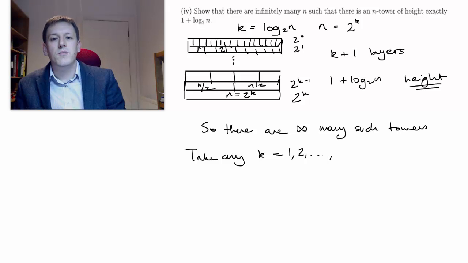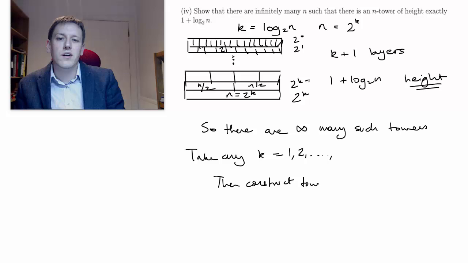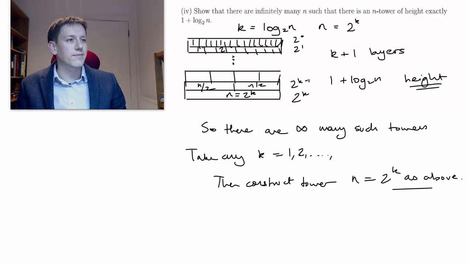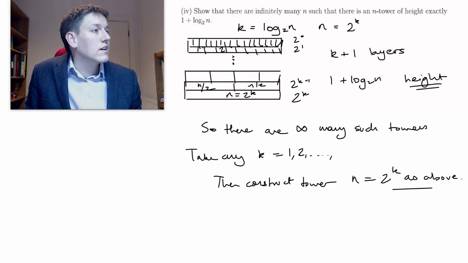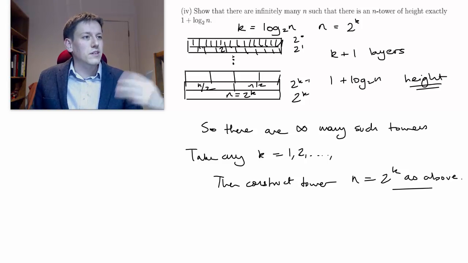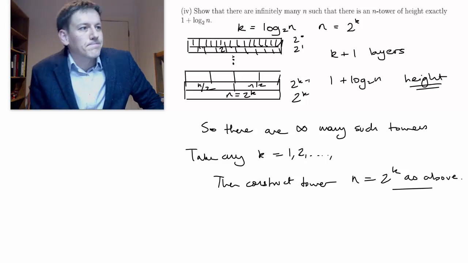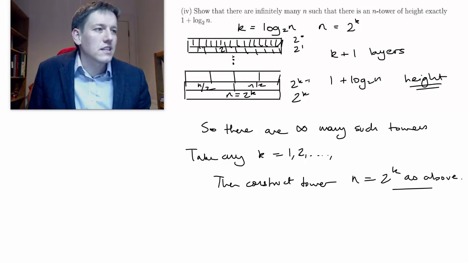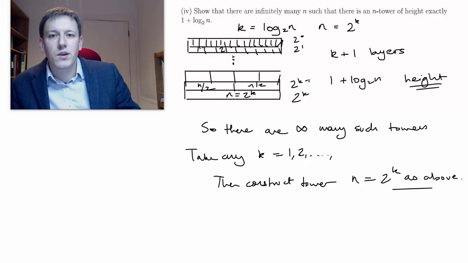Then we can construct a tower with n equals 2 to the k as above. I can't do it for any n necessarily, but any n that is of the form 2 to the power of something, so 1, 2, 4, 8, 16, etc. Then we'll be fine.